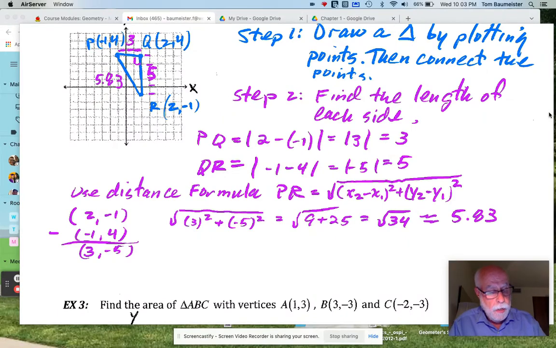And then the final step. So step 3. Add the 3 sides.